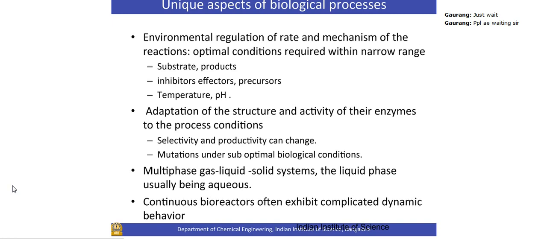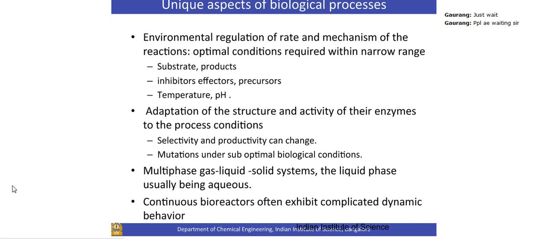Now, for cells, a bioreactor is a very unusual element because they have not developed themselves over millions of years so that in the 20th century or 21st century, somebody is going to put this cell in a bioreactor. In other words, cells in general survive very harsh conditions and often adapt themselves so that they can carry out the function in the environment in which they find themselves. Contained in that regulatory network is also the ability to adapt to a variety of different conditions.